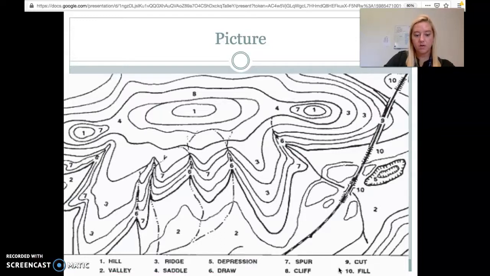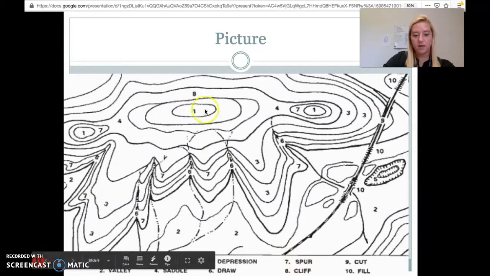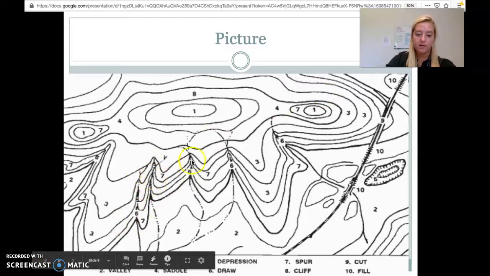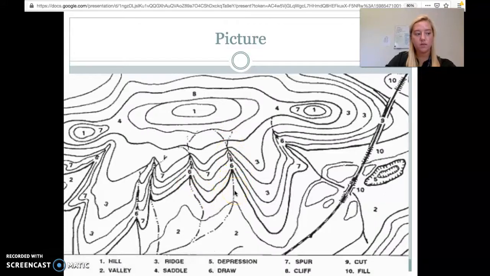So here's a picture, right? So this connected circle does indicate mountains, so I can see at least 1, 2, 3 mountains. The V's indicate valleys, right? So this is a valley, this is a valley, this is a valley, and they always point, what did we say?